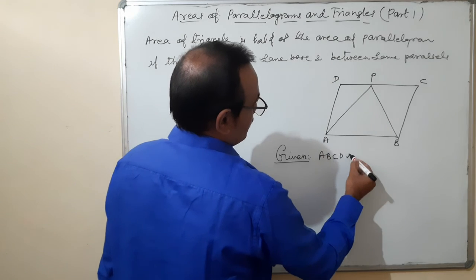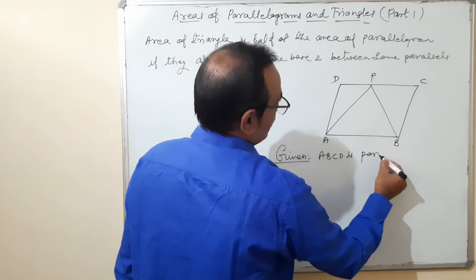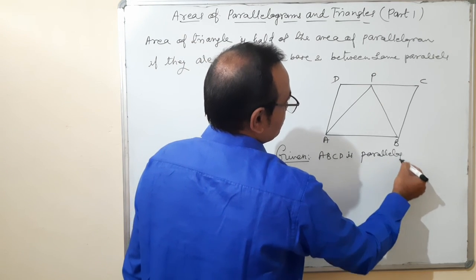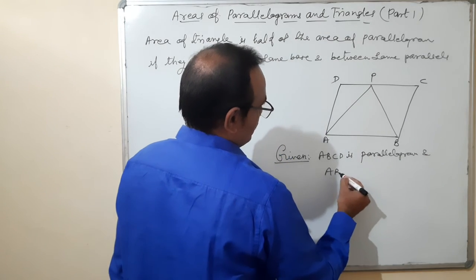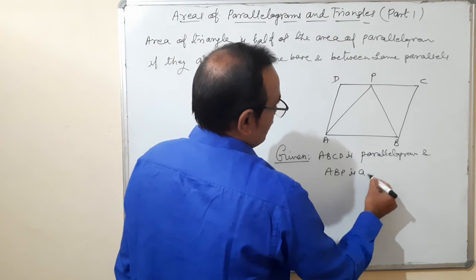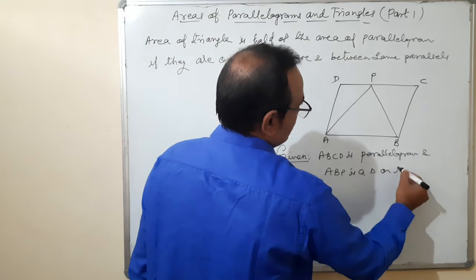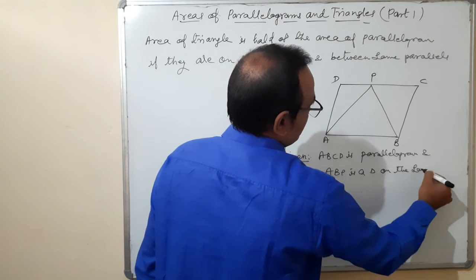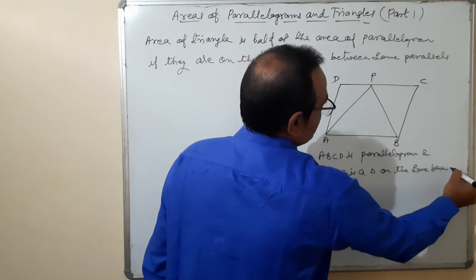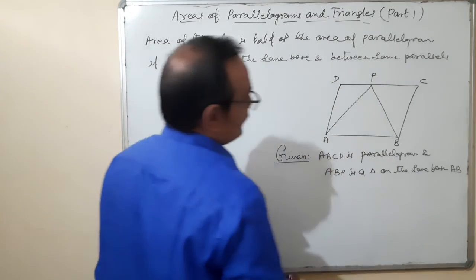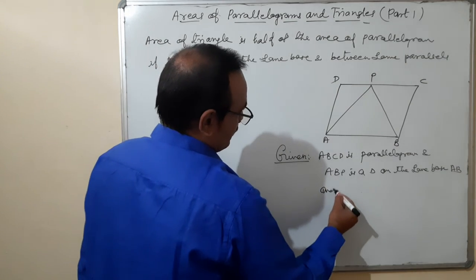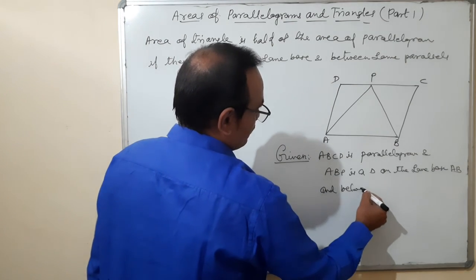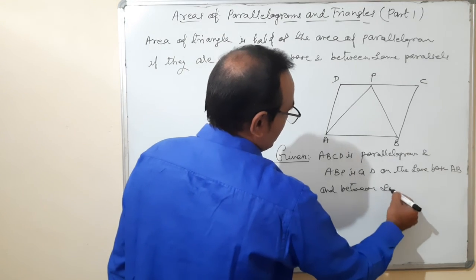ABCD is a parallelogram and ABP is a triangle on the same base AB and between the same parallels.